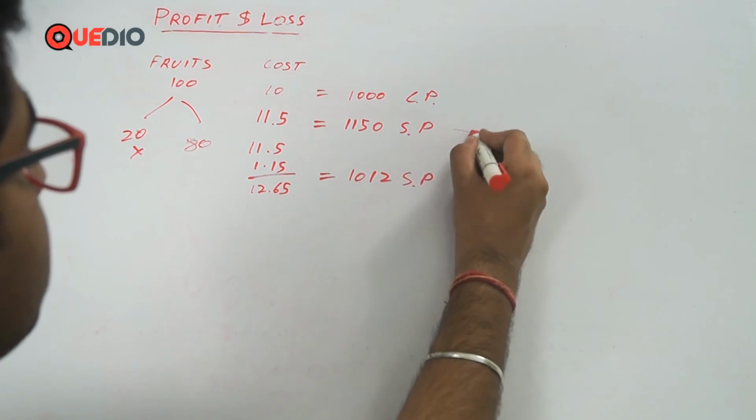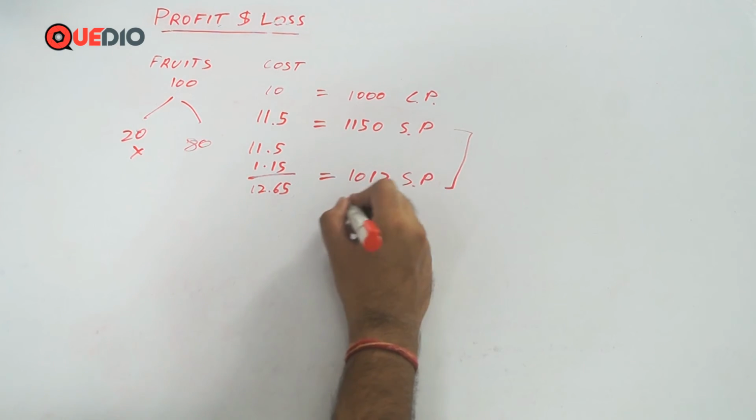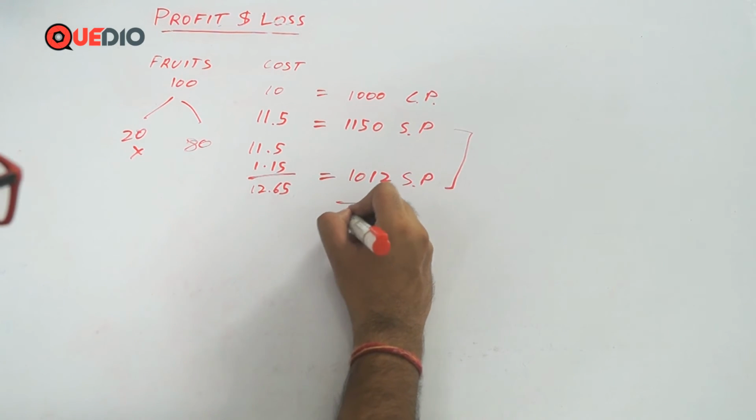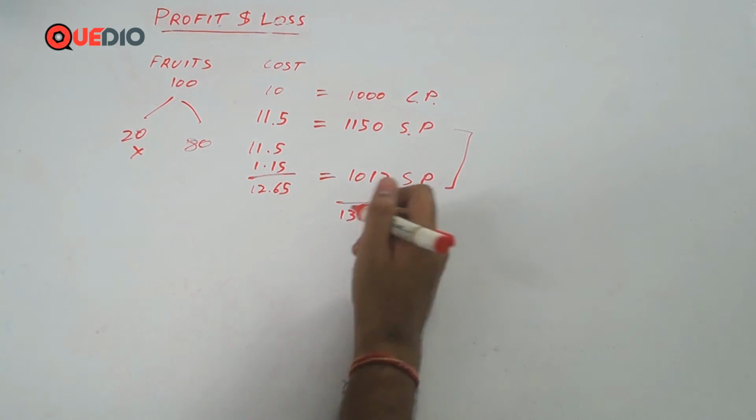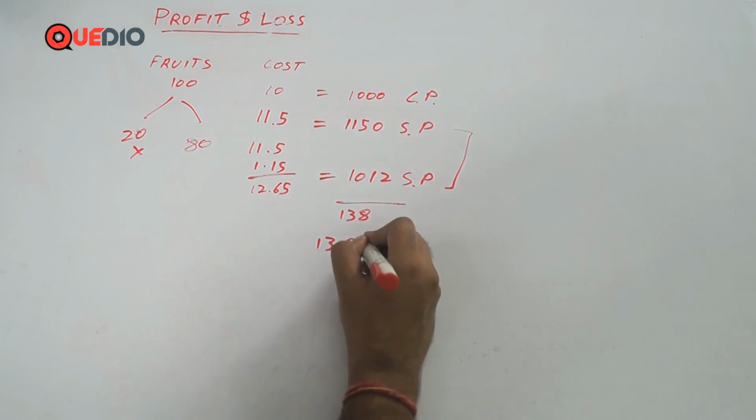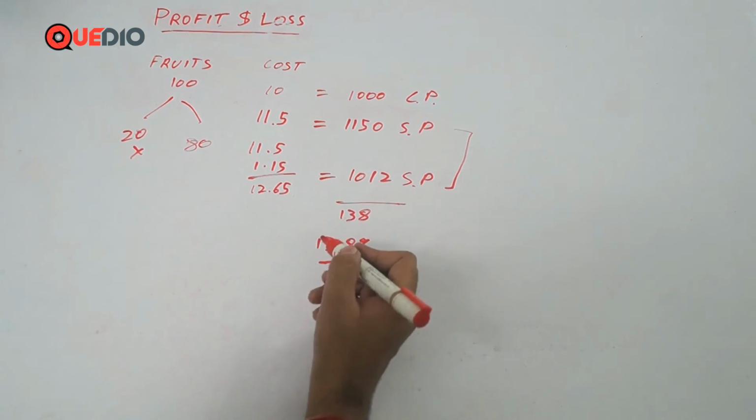We take the difference of these two prices, which comes out to rupees 138. So the change in percentage profit would be 13.8%, which would be negative.